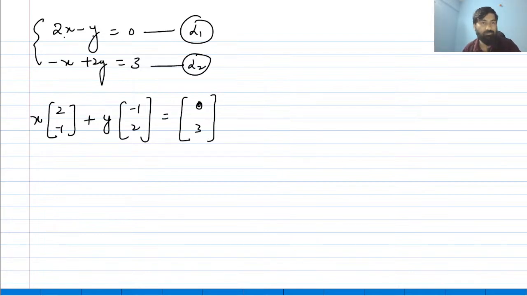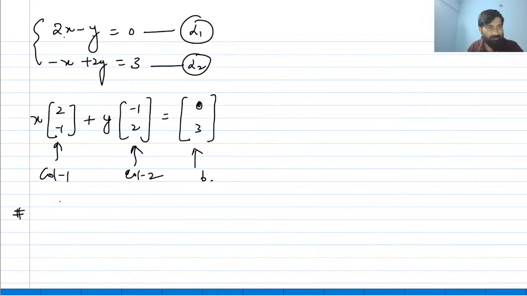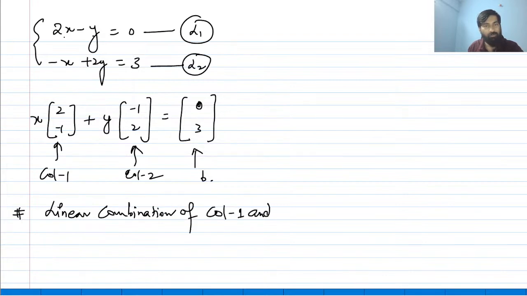So this is column vector 1, this is column vector 2, and this is the b vector itself. From here we read this as a linear combination of column 1 and column 2, or you can say column vectors, simple.